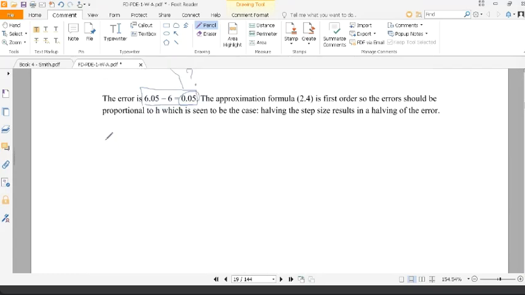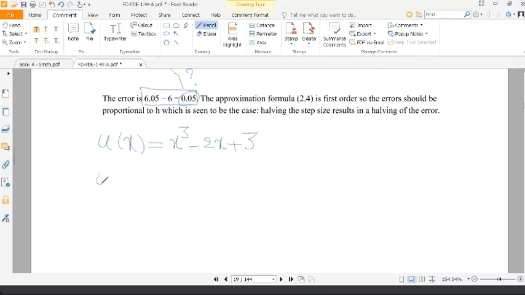Please suppose that u of x is equal to x^3 minus 2x plus 3. Okay?